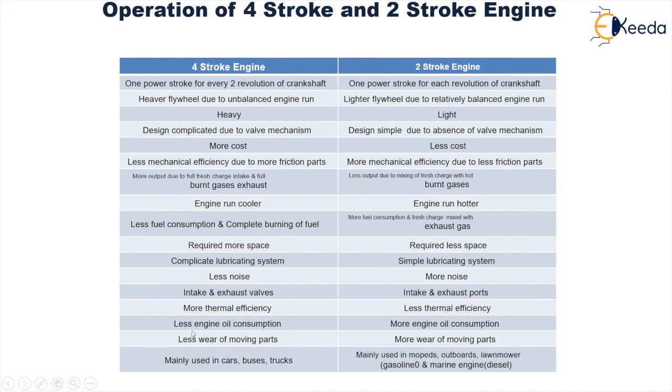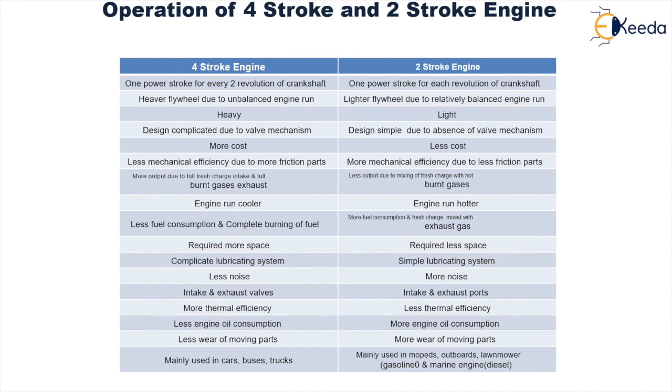Less engine oil consumption, and over here more engine oil consumption, because in case of a four-stroke engine, the crankcase will contain the engine oil, which will cause the lubrication and the cooling, and which does not get burnt along with the fuel. However, in case of a two-stroke engine, we have seen that compression of the charge takes place partially inside the crankcase, so you cannot fill the crankcase with lubricating oil, you have to keep it empty.